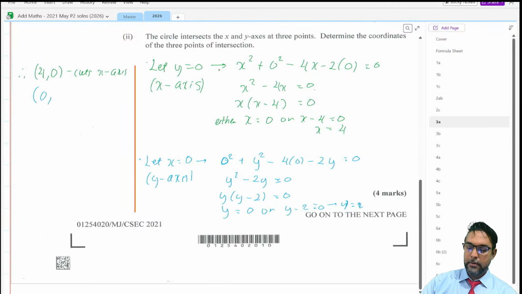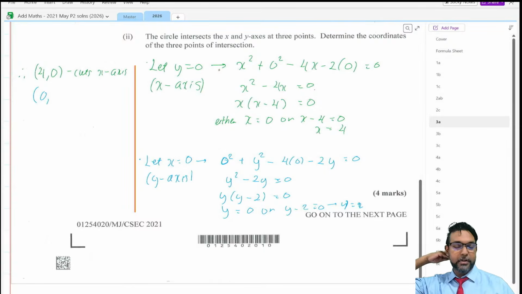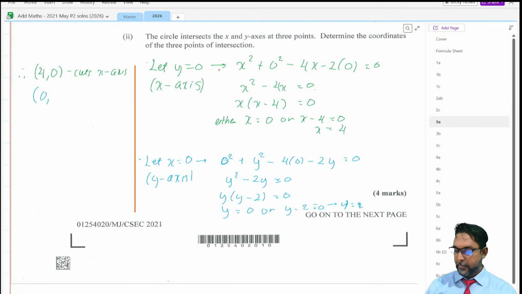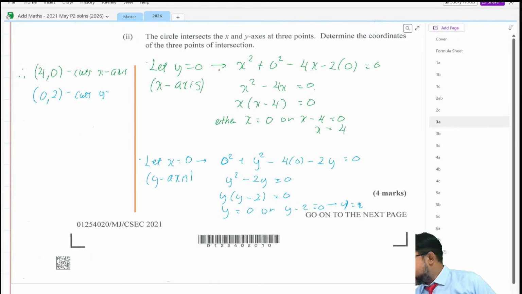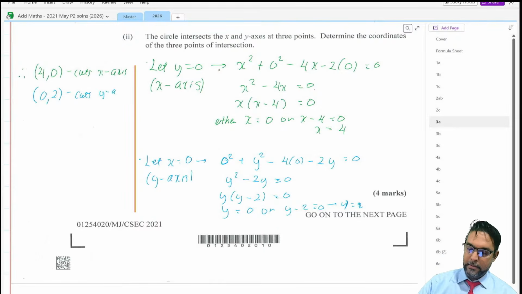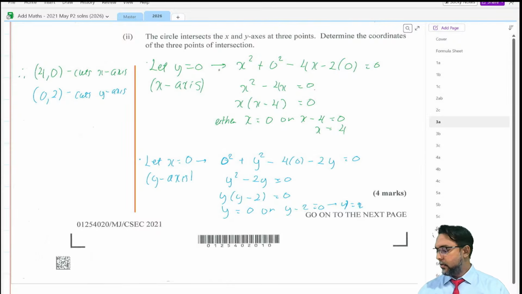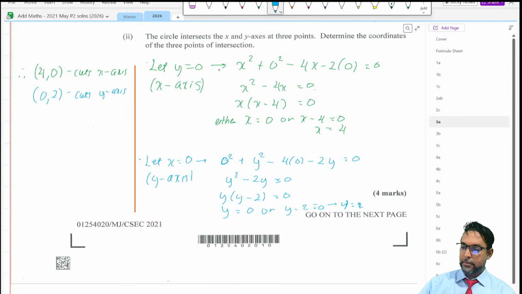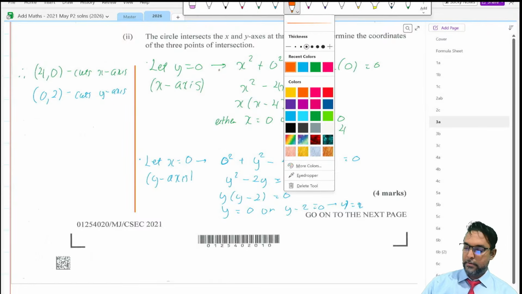You could just say the points of intersection, because when the y coordinate is 0, we know it's partially x. And then 0, 2 is where it cuts the y-axis. Or you could just use intercept. And also 0, 0.